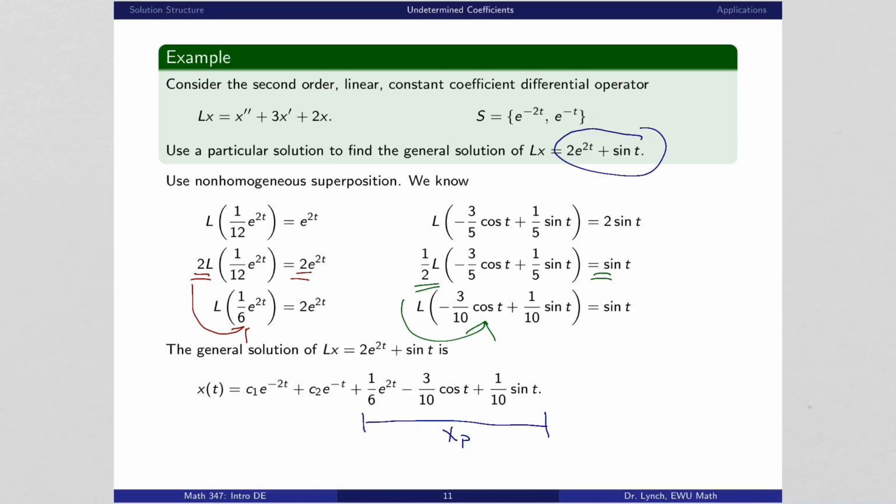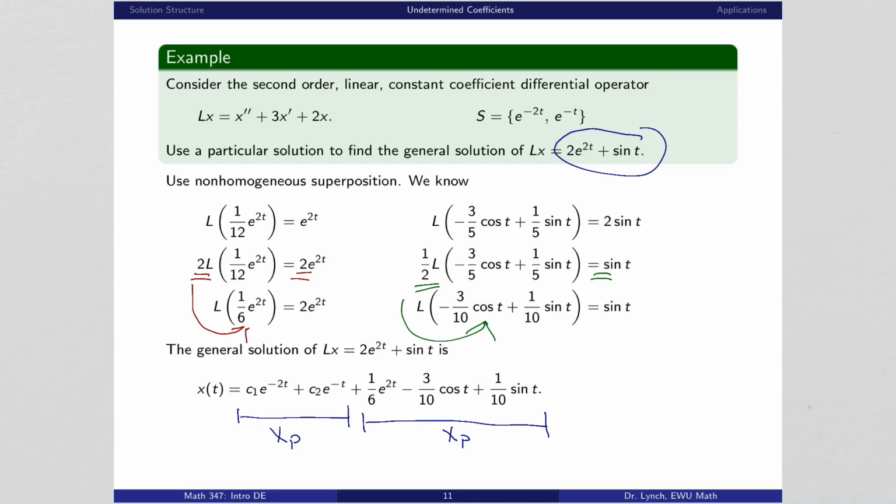This other part, again, is xh, and xp plus xh is the general solution of the non-homogeneous equation. Okay, so in practice, you might be faced with one of these non-homogeneous equations where you haven't already solved for the individual pieces, but you can imagine decomposing it into its modular parts, solving those individually, and then putting the solution back together as you need to.